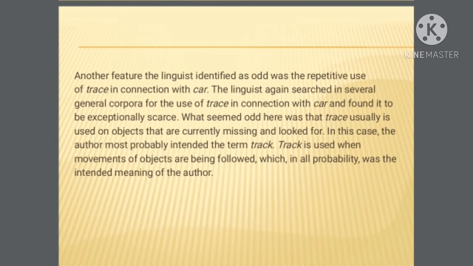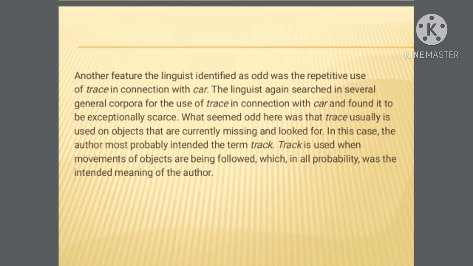Another feature the linguists identified as odd was the repetitive use of "trace" in connection with "car". The linguists again searched in several general corpora for the use of "trace" in connection with "car" and found it to be exceptionally scarce.